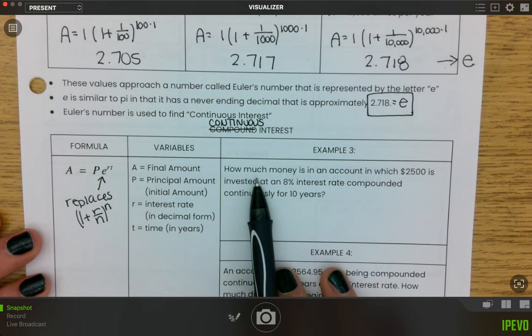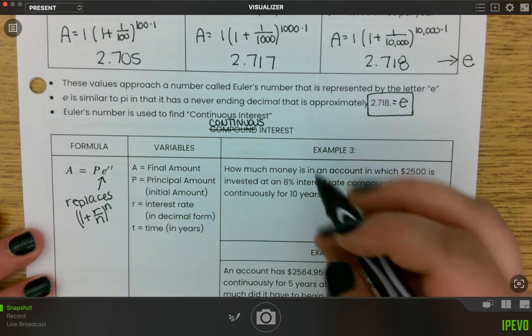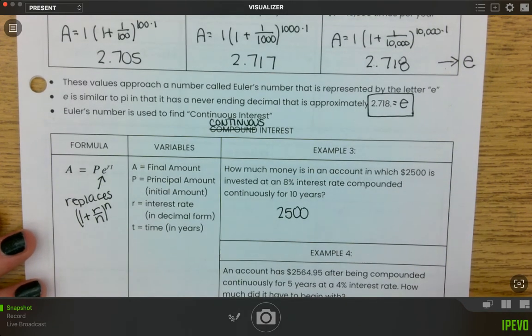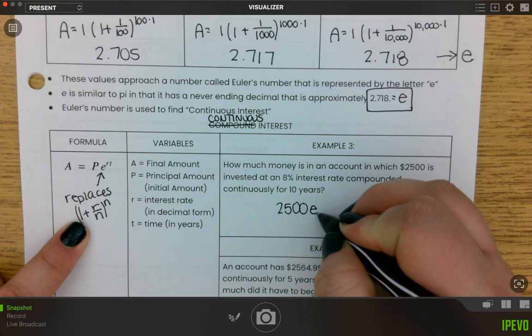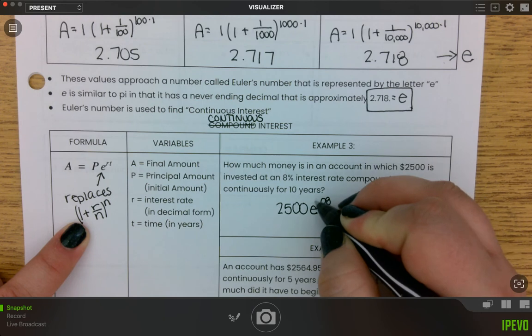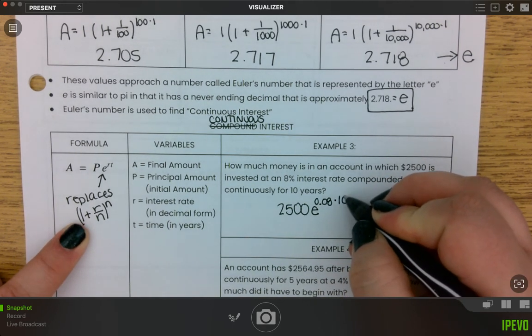So what we're going to do is find out how much money there is with the same amount to start with that we did in example 1. So 2,500 is still what we're starting with. But instead of going to these, we just go to e to the power of r, which is still 0.08, times the number of years.